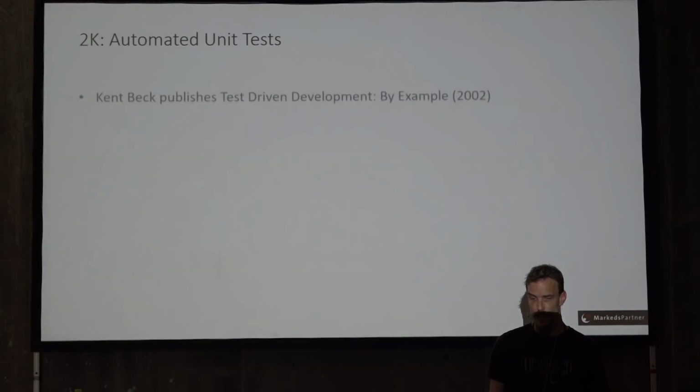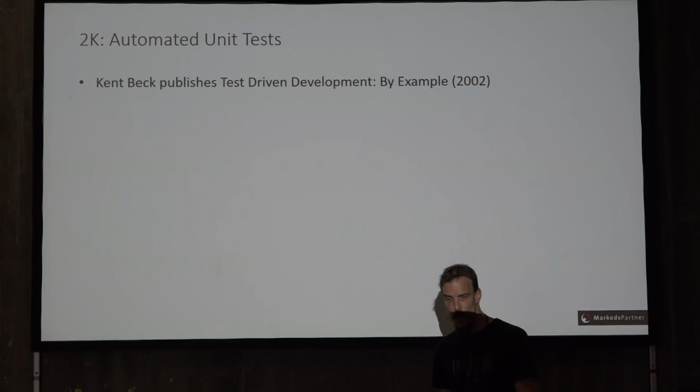But a couple of years later, Kent Beck publishes a book called Test-Driven Development by Example, which is another great book where he goes through a domain object for money and explores several different architectures for that without changing the behavior. And it goes through how you can add automated tests that verify all of this.